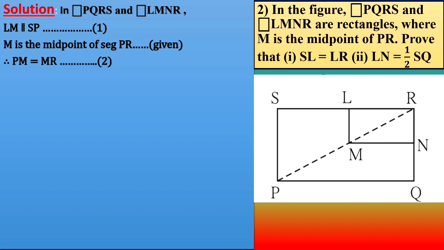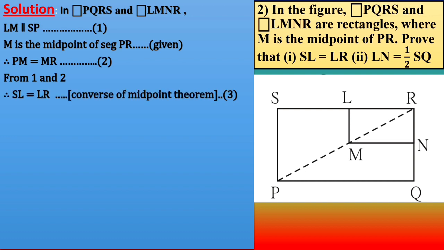So PM is equal to MR, equation number 2. From first and second we understood that SL is equal to LR by the converse of the midpoint theorem, equation number 3.